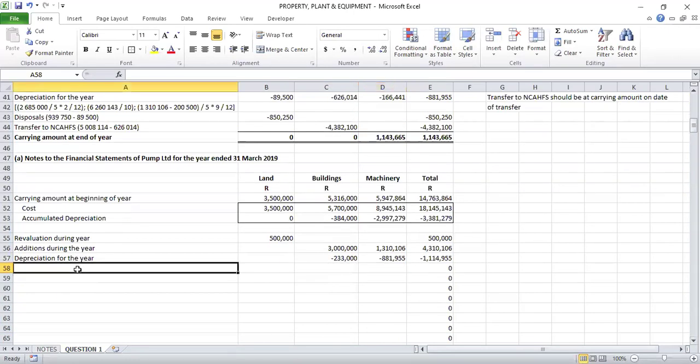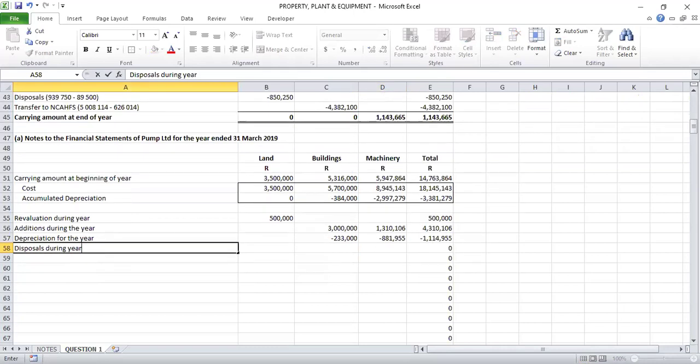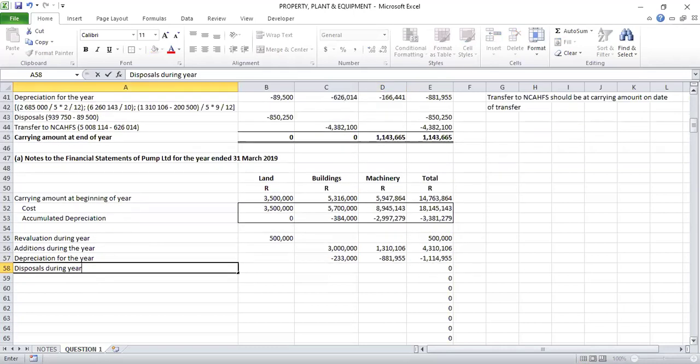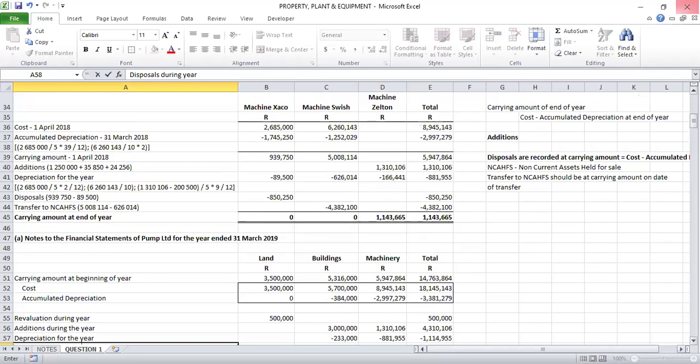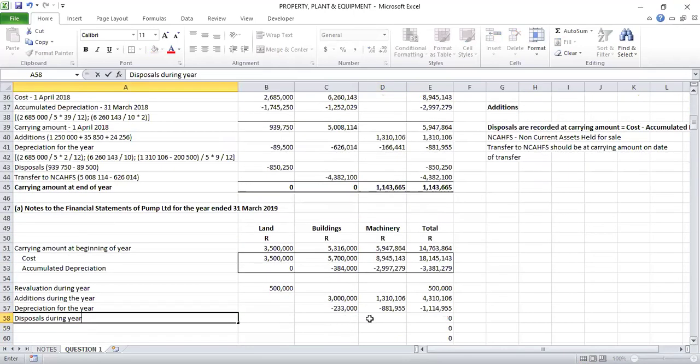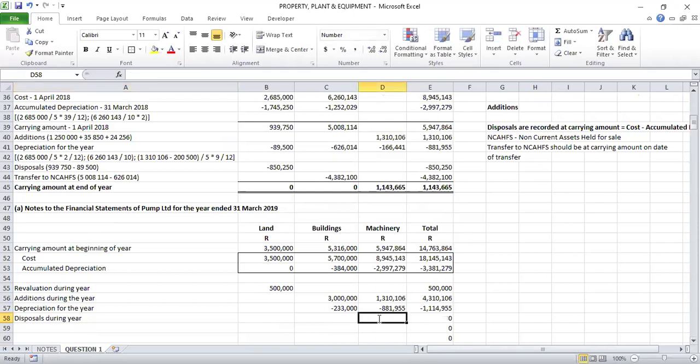Right. Then we have got disposals during the year. Remember that they sold machine Shako or Zako. There was a sale. We had this disposal here.